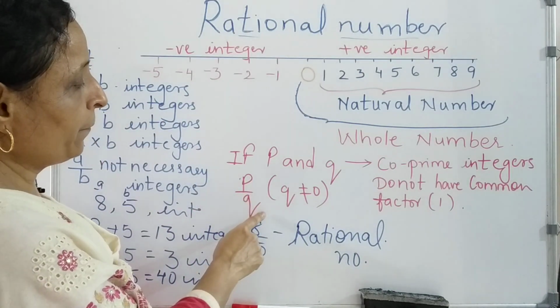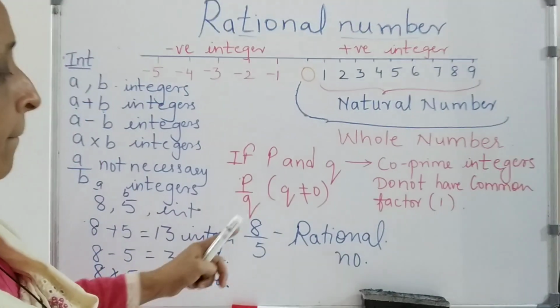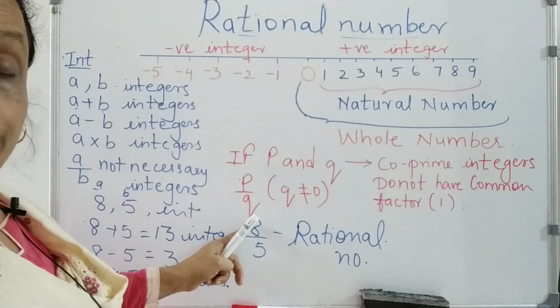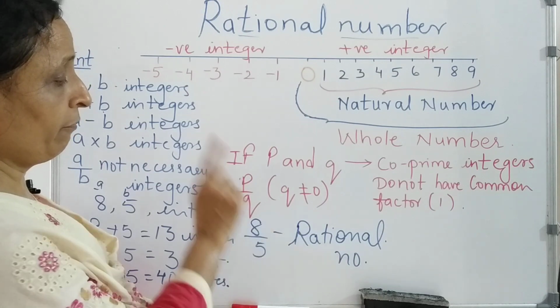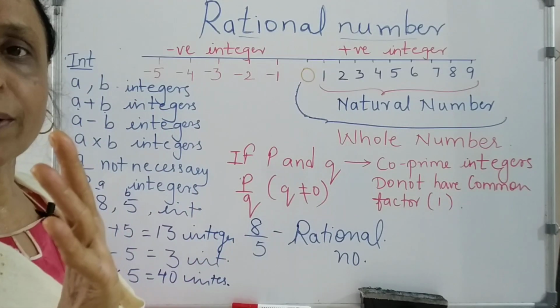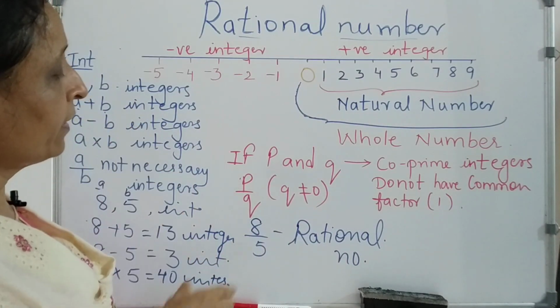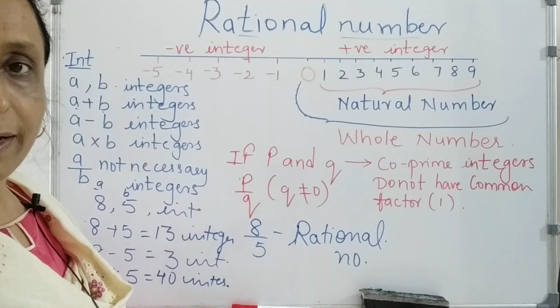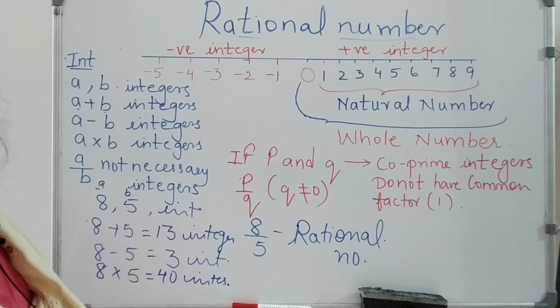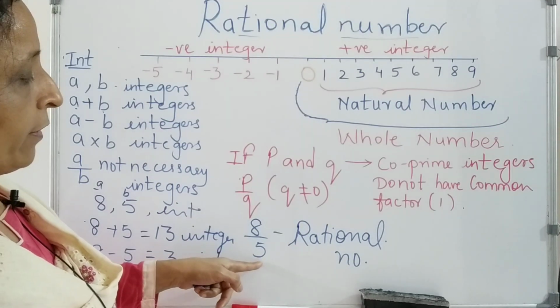So here P by Q. 8 can be 4 into 2, but that is not divided by 5. So they are co-prime. Means they don't have any multiple which can lead to cancellation. 8 can be 4 into 2, but it cannot be divided by 5.